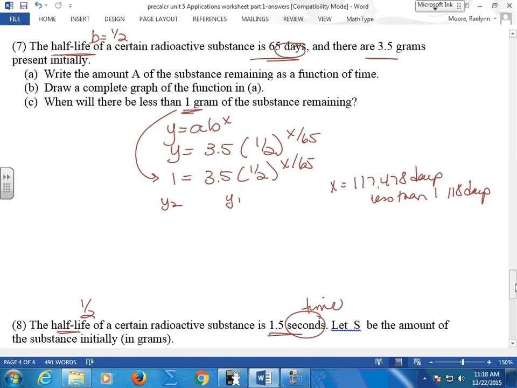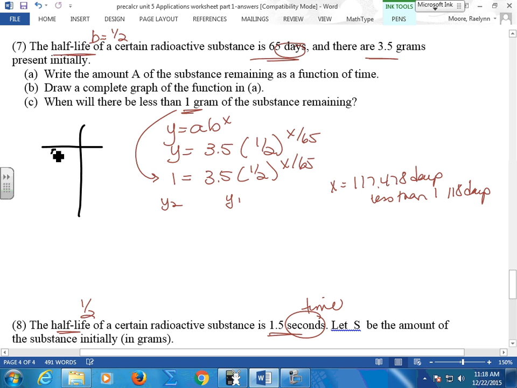And think about it logically. If you made a chart, this is why I want you to think this out. If I start my chart with 3.5 grams and I take a half-life, 1.75 is my half, right? And when did I get 1.75? How many days did it take me to get to 1.75? 65 days. See, it didn't go every day.